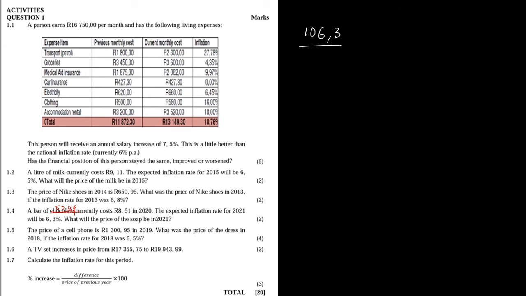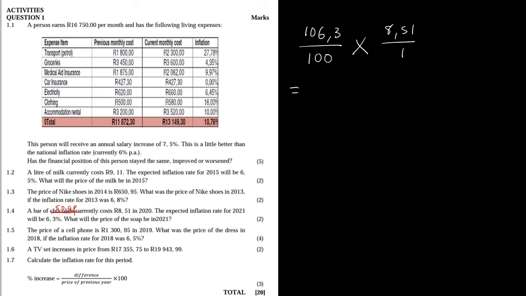We put the 6.3% at the top when we're increasing the amount, and it will give us directly the amount that we need. Remember, you could do it the other way, where you could find 6.3% and then add it on to the 8 Rand 51. In this way, we add it on one time to save us some time in the exams, but you use whichever method you feel comfortable with.